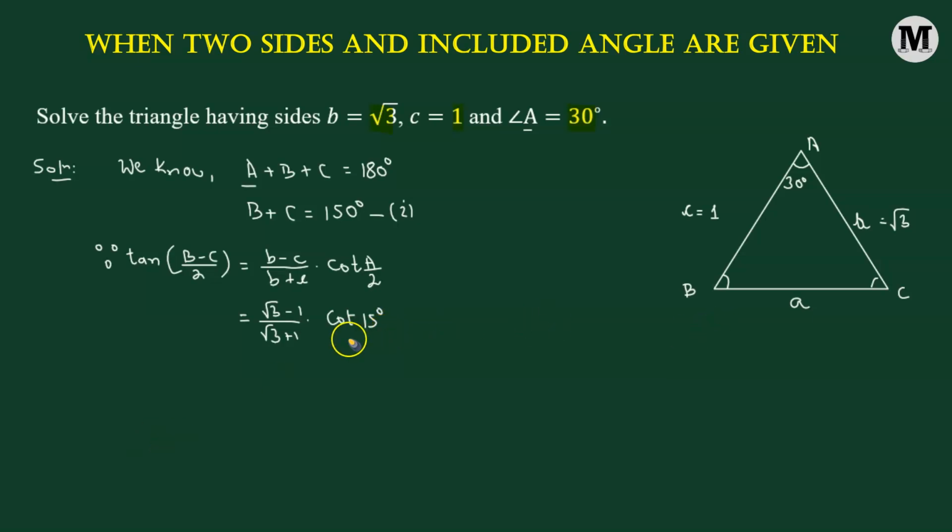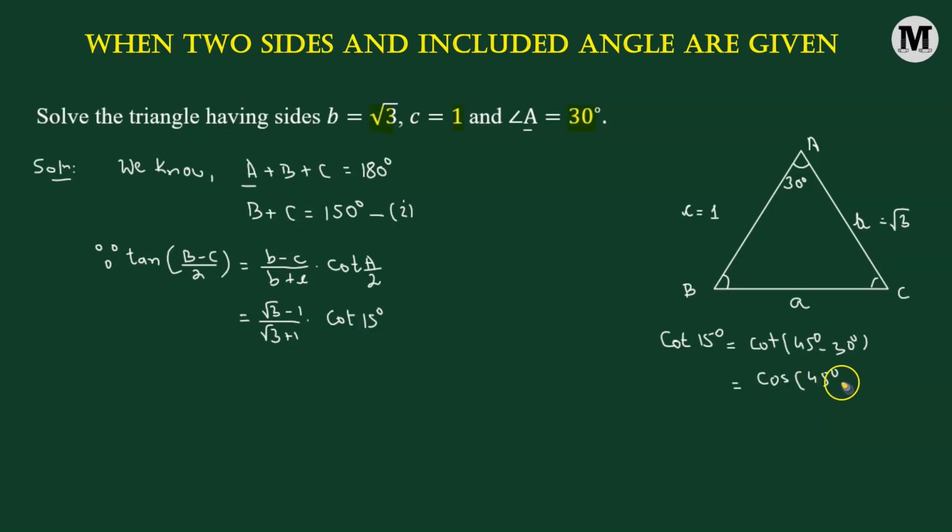Now, what is the measure of cotangent of 15 degrees? Cotangent of 15 degrees can also be expressed as cotangent of 45 degrees minus 30 degrees. We know that the cotangent function is simply the ratio of the cosine function to the sine function.